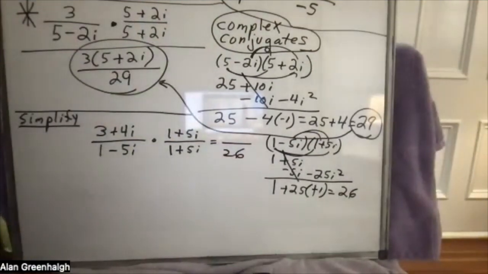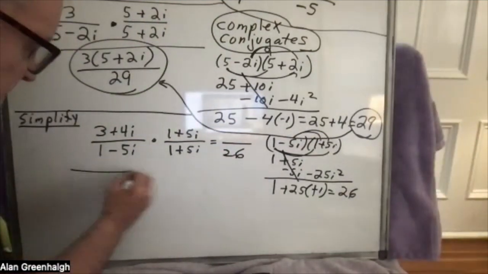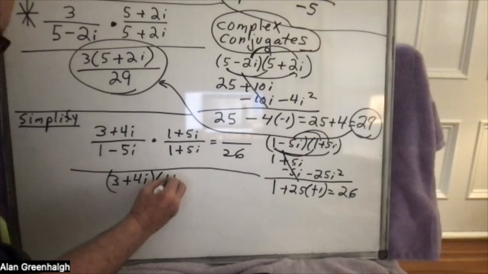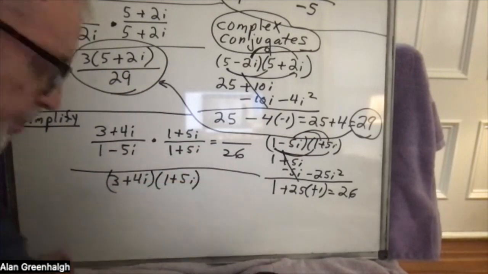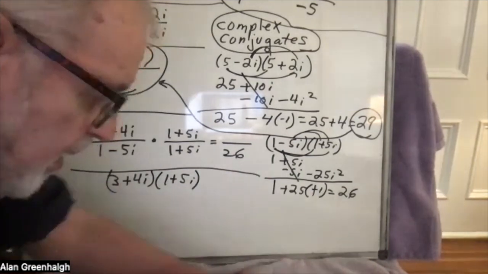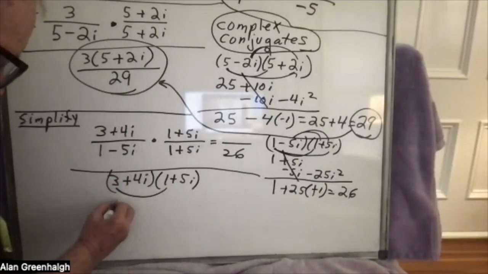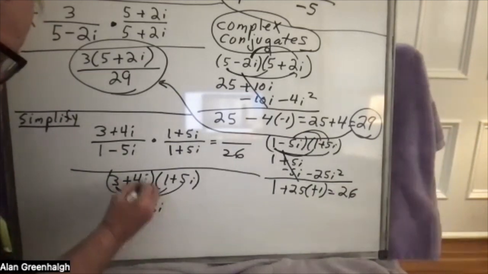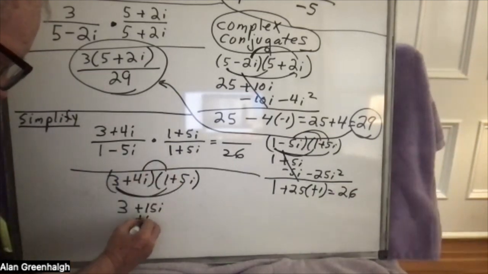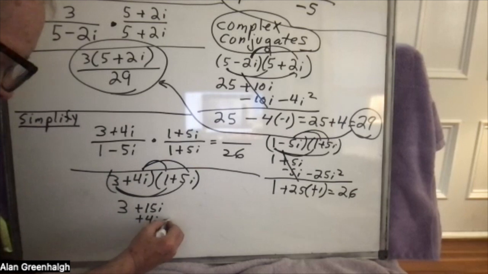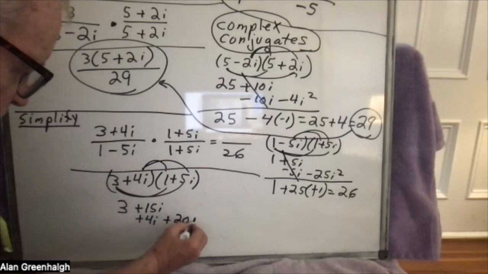The numerator is a different story. Okay, so that's going to require a little work. 3 plus 4i. We did this earlier when we were doing multiplication of complex numbers. So 3 times 1 is 3. 3 times 5i is 15i. Plus 4i, I'm lining up the like terms, and then positive 20 times i squared.